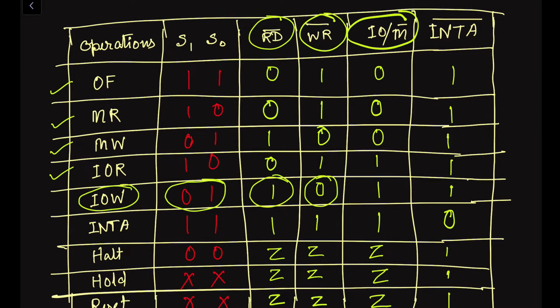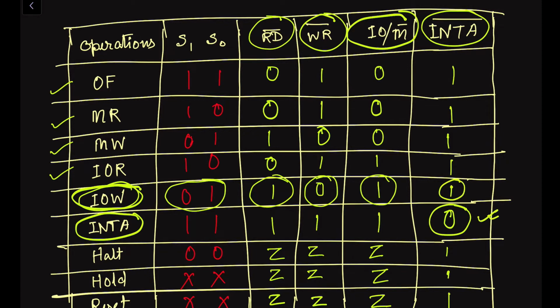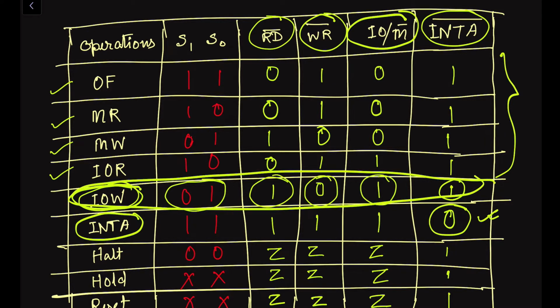Here, in the case of input output write, it is an input output related operation, therefore this is 1. The INTA signal is related to interrupt acknowledgement, so it is 0 only for interrupt acknowledgement, otherwise it is 1 for all other cases. We have already covered these 4 cases, and in this video we will see the timing diagram for the input output write operation.